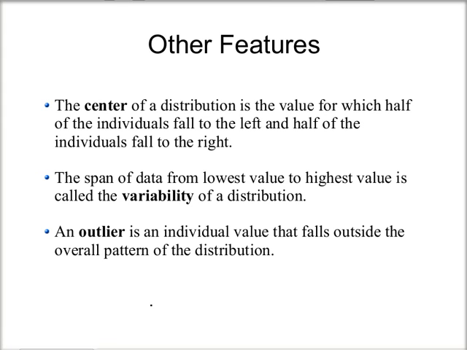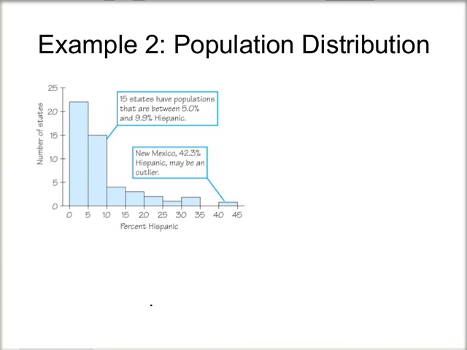So let's look again at this histogram with the percent of Hispanic population of states. What's the center of this distribution? Well, I've got most of my states concentrated here in the first couple of intervals. So if I had to guess, I would say my center is probably somewhere in this second interval, just looking at it.